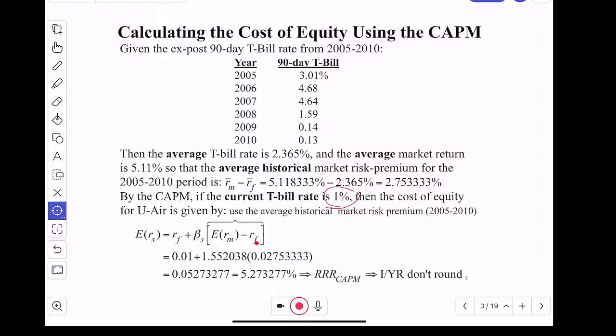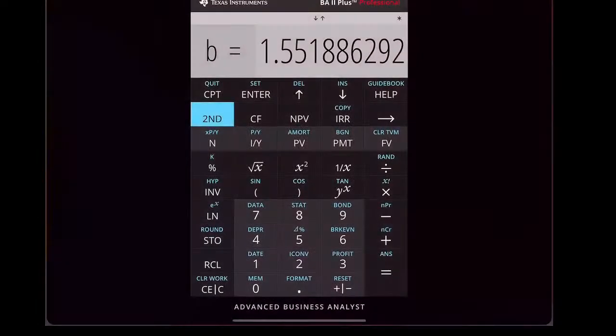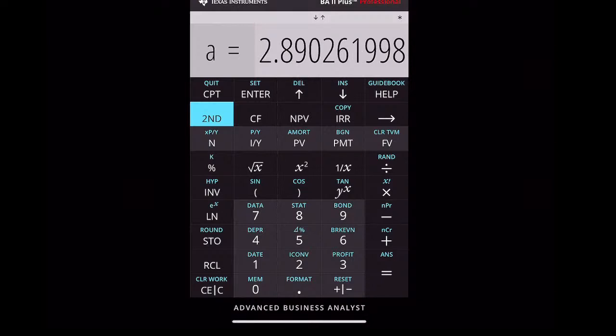And then for the market risk premium, I'm going to use the market return, the average market return that we got, right? If you go back, remember that was for X. If you go back through the results, the mean for X, that is because X is the market variable.